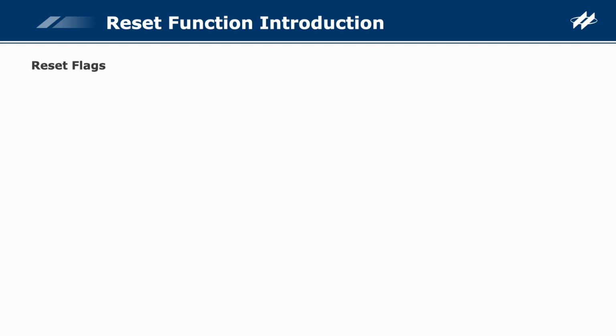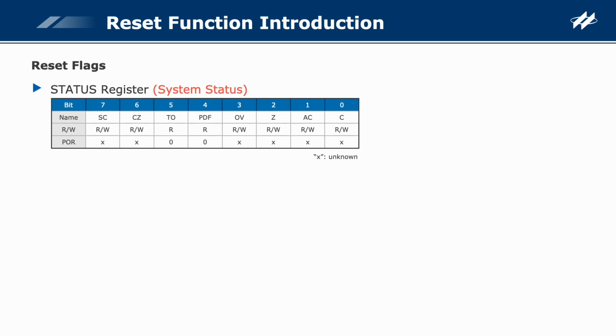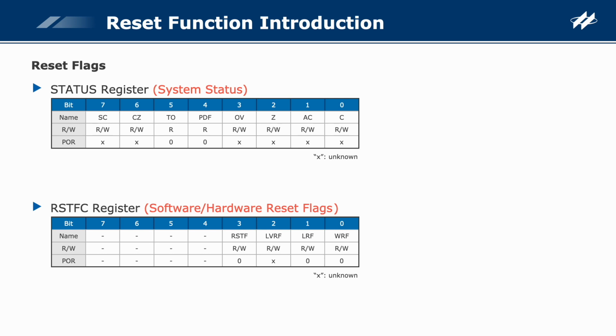In addition, the different reset methods correspond to different flags. Let's first understand two registers, namely the status register, which is a status register used to record the status and operation of the microcontroller system, and the RSTFC register, which is associated with some hardware and software reset flags.